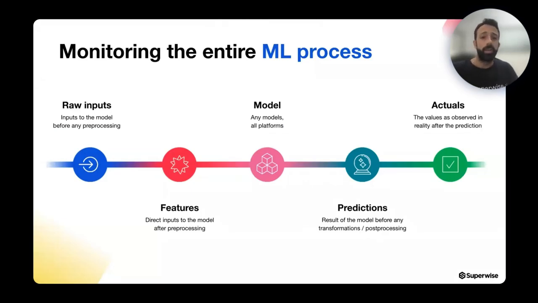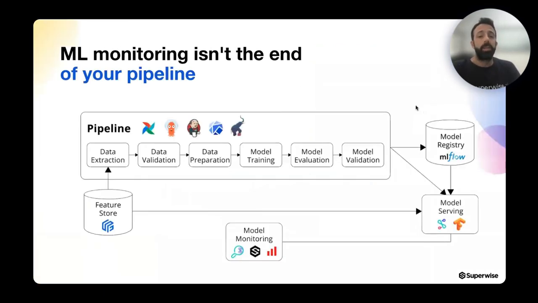Great. As you could see, we are monitoring the entire machine learning process, and you gain visibility over the whole pipeline, be it raw inputs, features, model, predictions, and actuals, of course, performance. And when I said that this is the missing piece, so here it is.